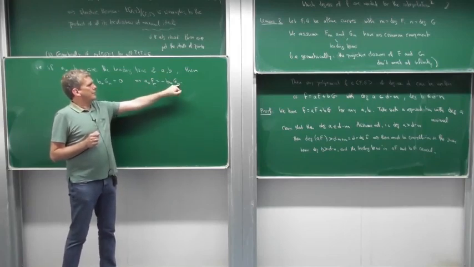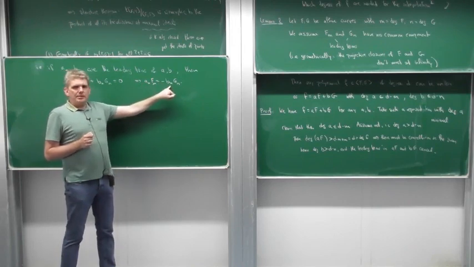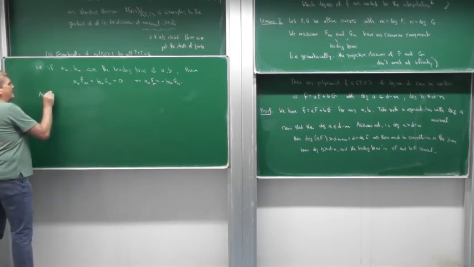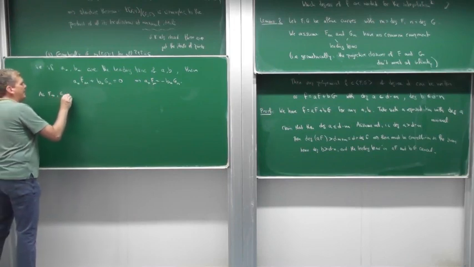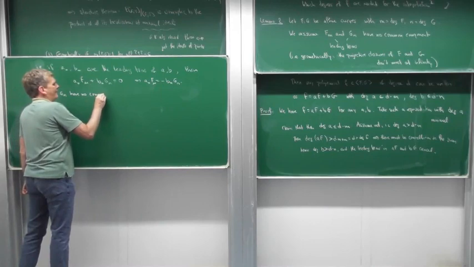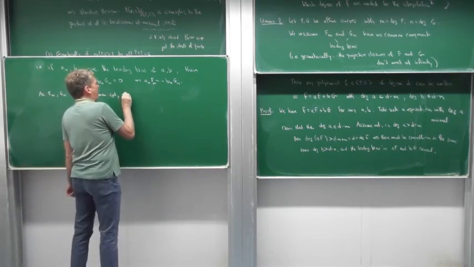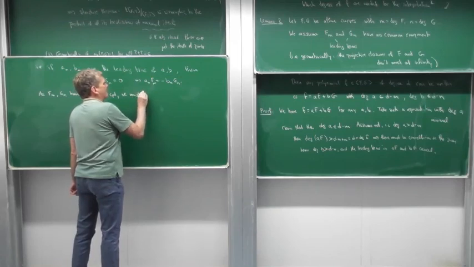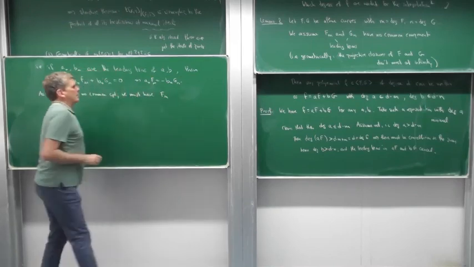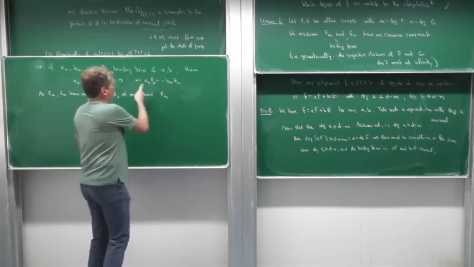So all the factors of Gn must be in A star and all the factors of Fm must be in B star. So as Fm and Gn have no common component, we must have that Fm is a multiple of B star and Gn is a multiple of A star, and they still cancel.